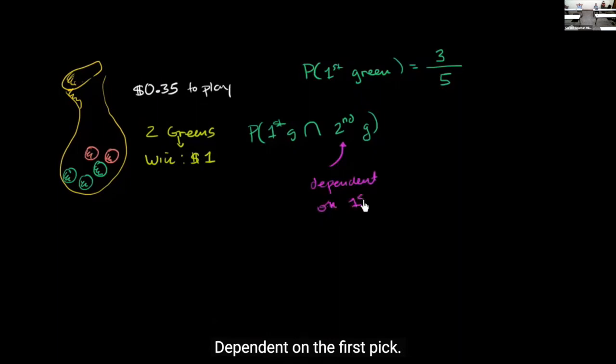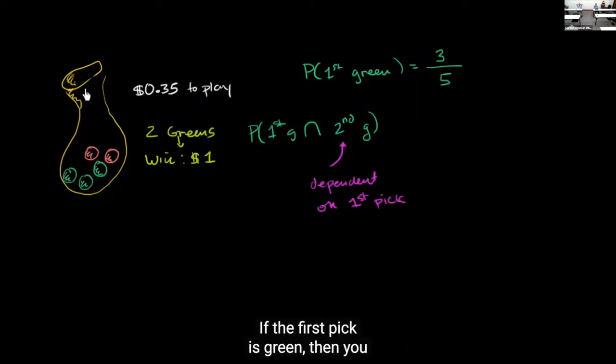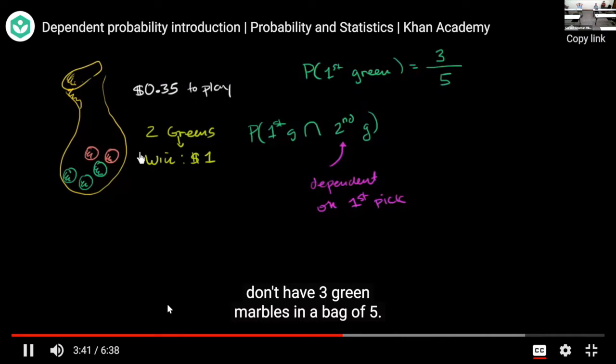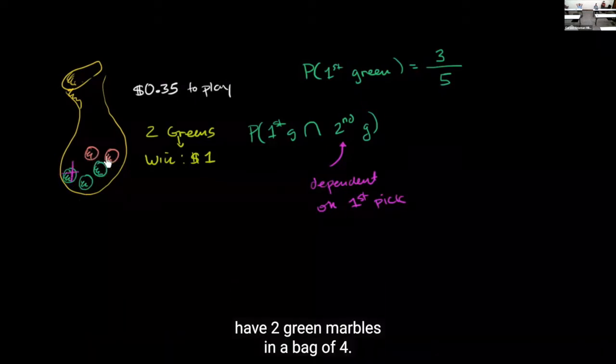The second pick is dependent on the first pick. If the first pick is green, then you don't have 3 green marbles in a bag of 5. If the first pick is green, you now have 2 green marbles in a bag of 4.